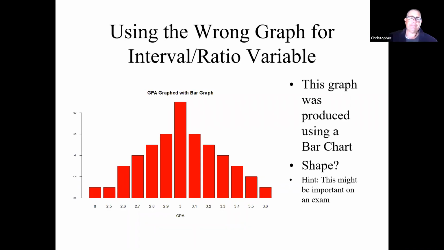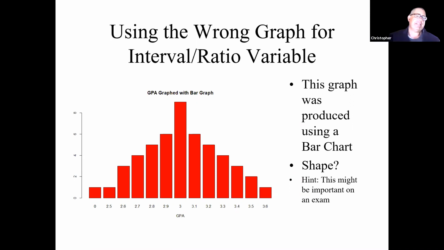This is an example of how you can use a wrong graph for an interval ratio variable. I produced a bar chart here, but I'm actually graphing grade point average. One thing to note here is the shape of this distribution. Just take a look at how it's kind of symmetrical on both sides.